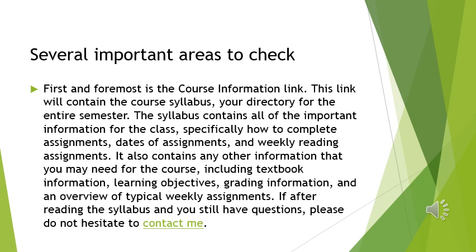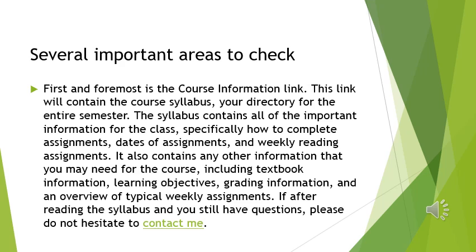There are several important areas to check. First and foremost is the course information link. This link will contain the course syllabus, your directory for the entire semester. The syllabus contains all of the important information for the class, specifically how to complete assignments, dates of assignments, and weekly reading assignments.